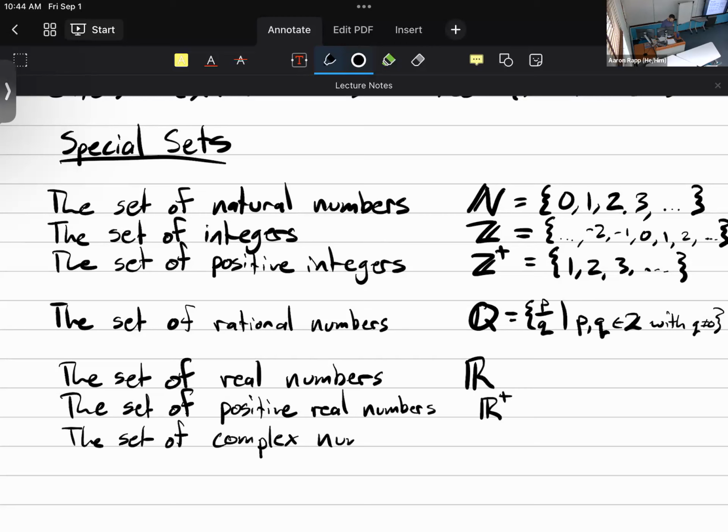Complex numbers. It's going to be a boldface C. I'm just going to put a nice little line inside of that C to denote that boldface. Remember, it's all elements of the form a plus bi, such that a and b are real numbers.